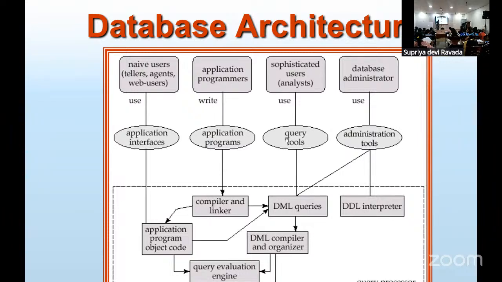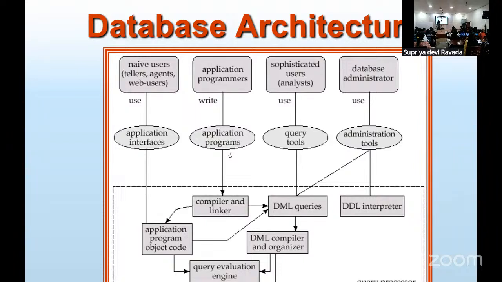Next, application programmers. What are application programmers? The users who develop the programs called application programs. So the users are going to write the program. Yes or no? Application programmers write the application programs. Is it clear?